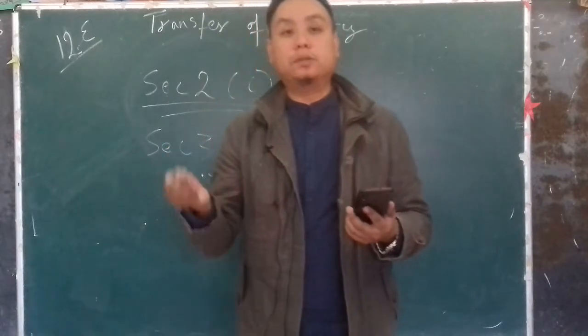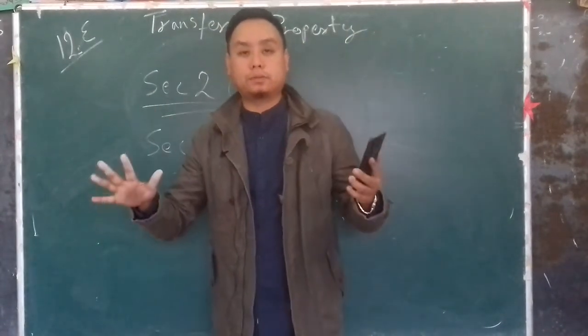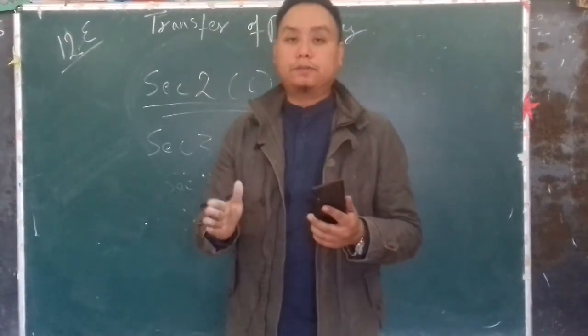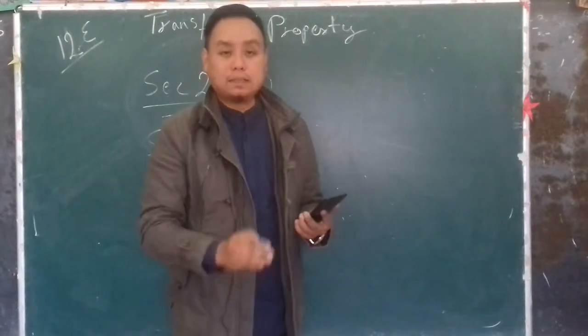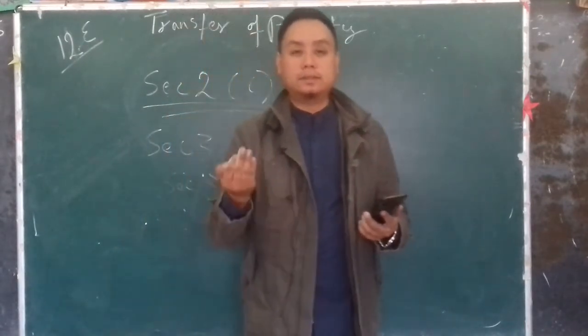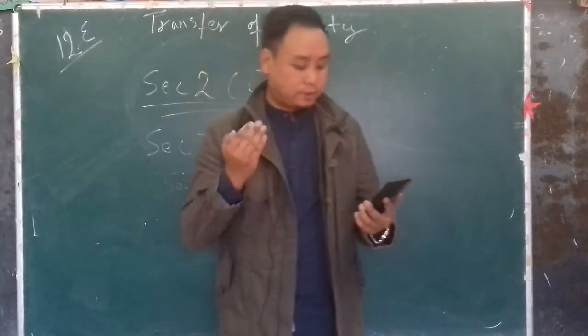If a person is below 18 years old and he or she has a huge amount of property, before he or she reaches the age of 18, that person can't transfer his or her property in another person's name. This is what section 7 is trying to tell us.